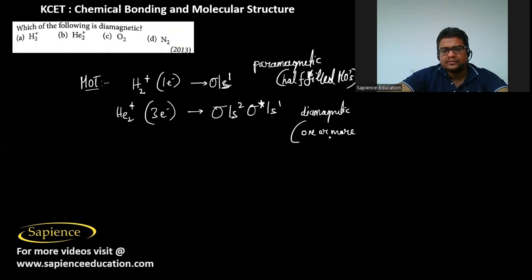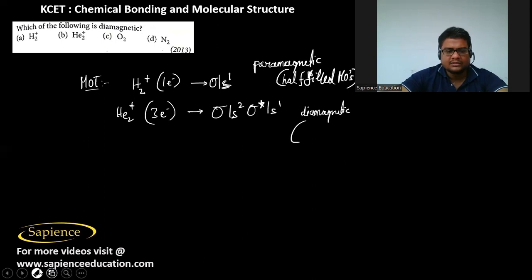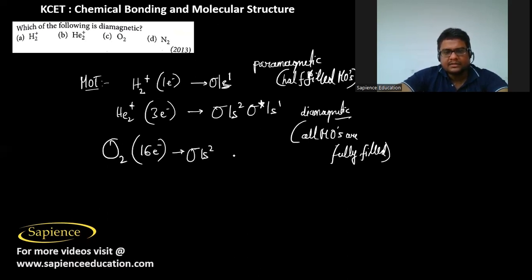So the molecule will be diamagnetic if we have no half-filled molecular orbitals, or you can say all molecular orbitals are fully filled. Then O2 will have 16 electrons. As we know, it will start from sigma 1s2 and end at pi star 2p.